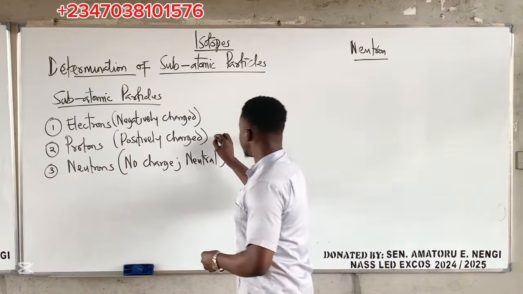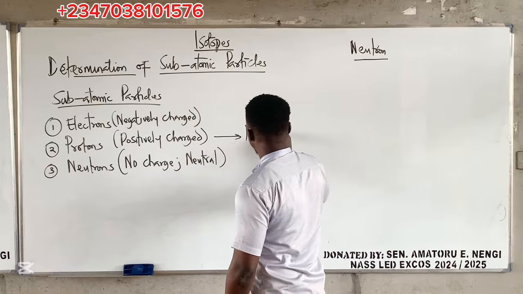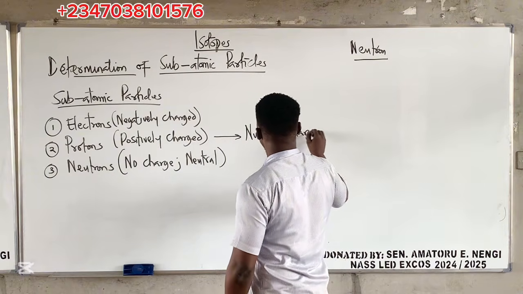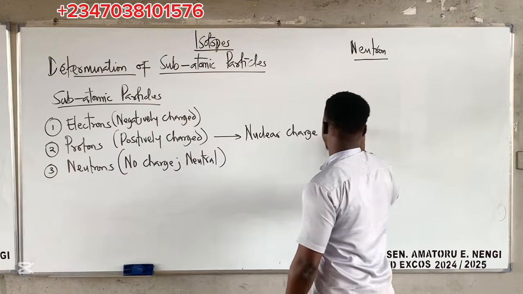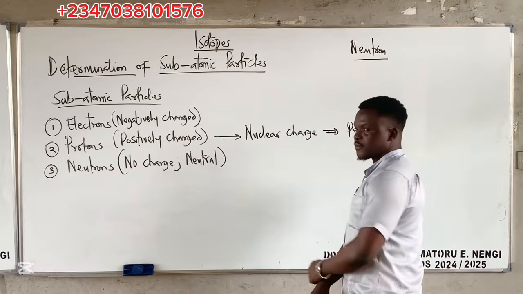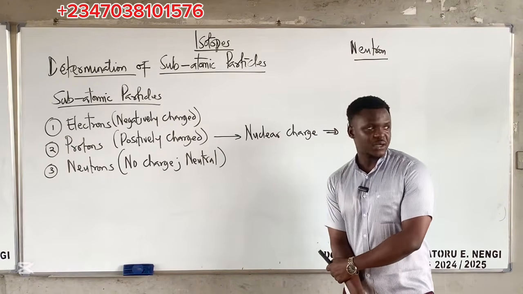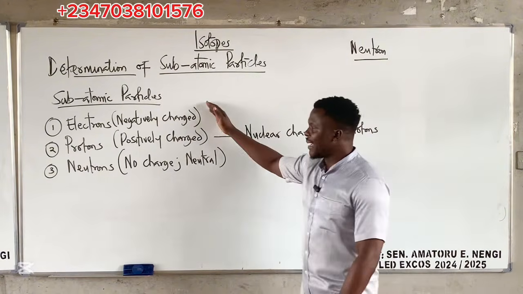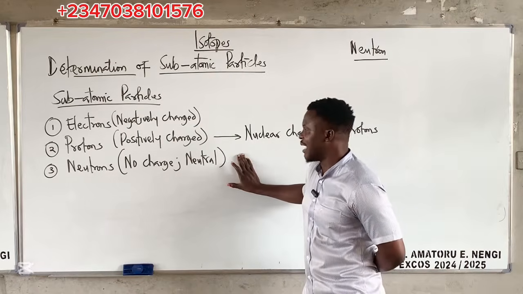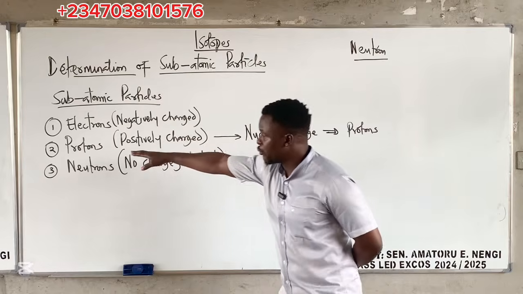And I went ahead to tell us that nuclear charge is same thing as protons. Because nucleus, well, we're going to see this shortly. So you can just put this down. These are the subatomic particles that we can see in an atom. Every atom possesses electrons, proton and neutron.